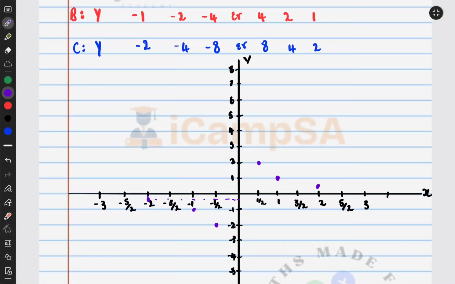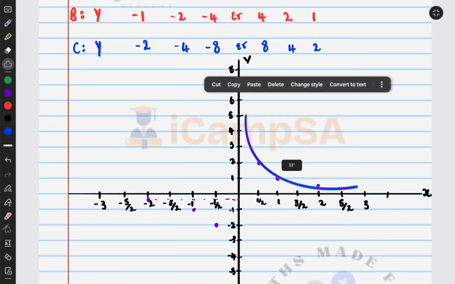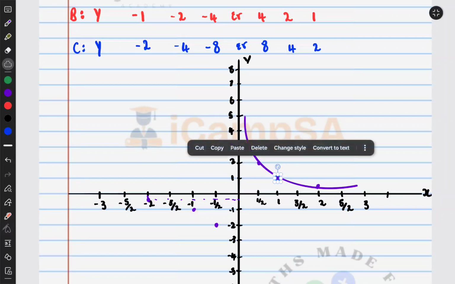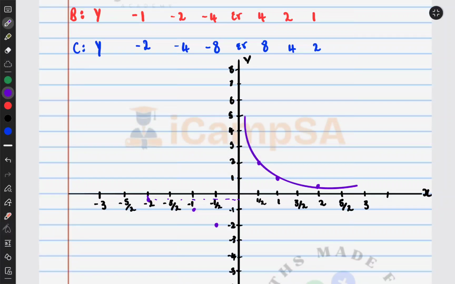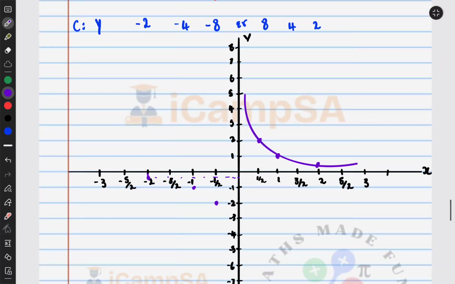We have to sketch our function now. So this will be our function. Yeah, something of that nature. And then here let's also sketch our function.